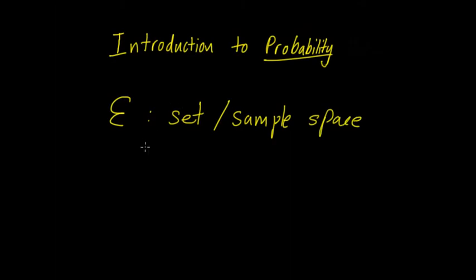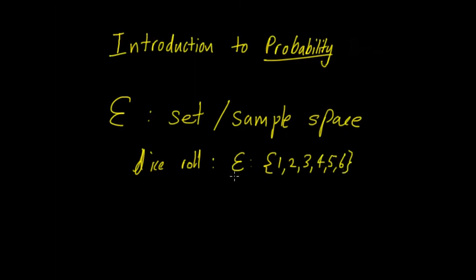So if it was a dice roll, then the set, the sample space, would be 1, 2, 3, 4, 5, 6. These are typically used for Venn diagrams, smaller probabilities where there are only a few discrete numbers.